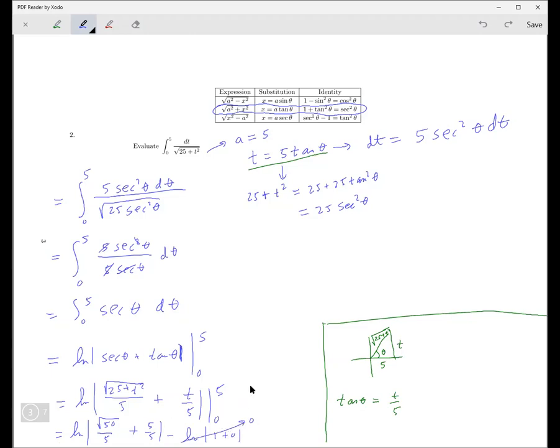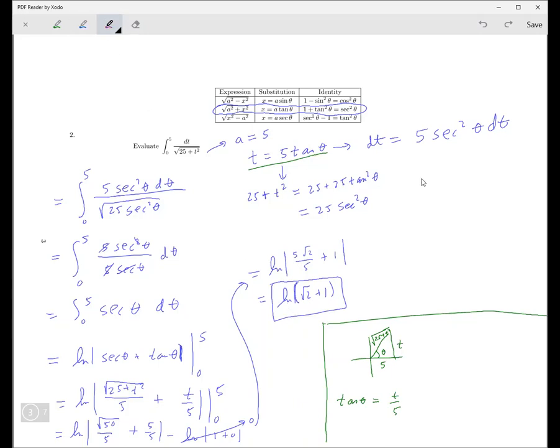And so I end up with the natural log of, let's see, square root of 50 is 5 root 2, plus 1. So this is going to be a natural log of root 2 plus 1. And I don't need absolute values because that's positive right there.